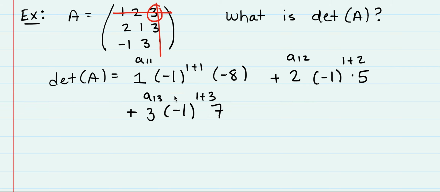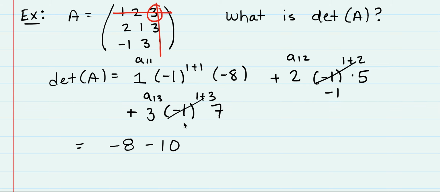Now we just need to clean this up and add these three numbers together. So we'll have 1 times negative 1 raised to the second power is 1, so we're left with negative 8. We have a minus 10, because 2 and 1 make 3, so this becomes a negative 1.